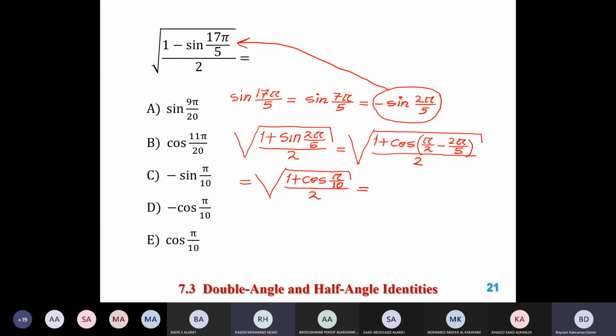It's cosine pi over 10. It is the half angle for cosine.